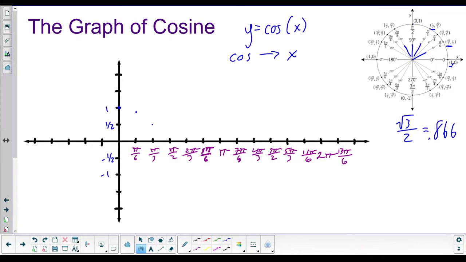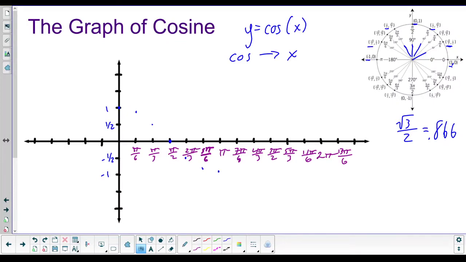At 90, x is 0. So at pi over 2, you should be crossing the x-axis. Going another 30, we're at negative a half. So we're going to the negative side now, down a half, down 0.866, so almost negative 1. And then at pi, we are at negative 1 on the x-axis.